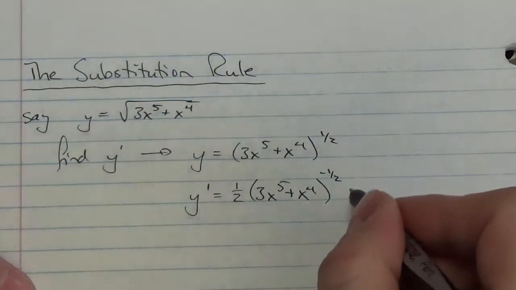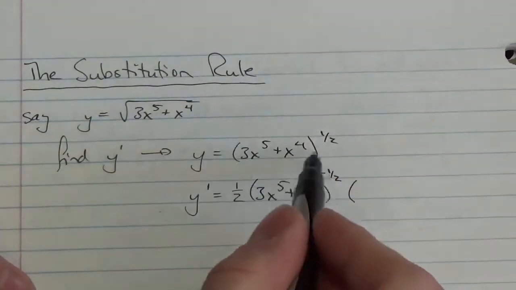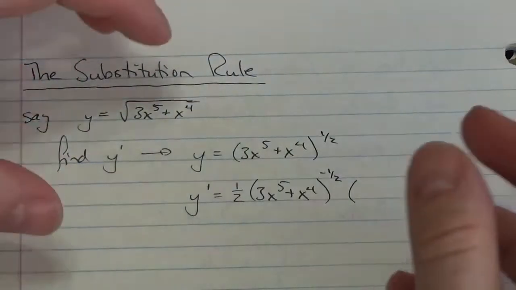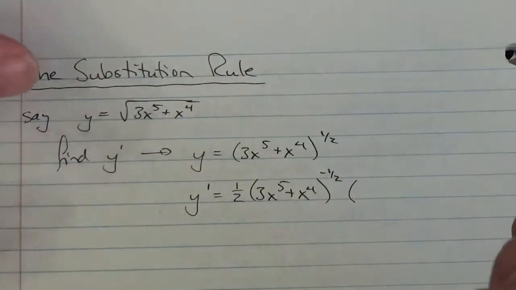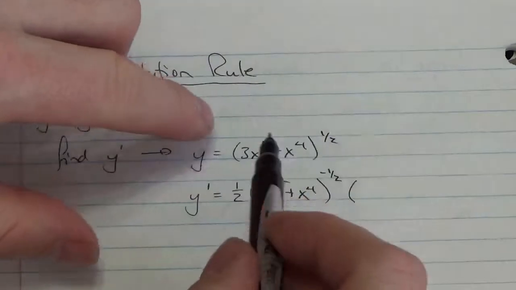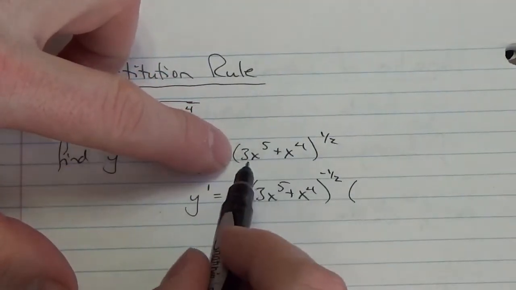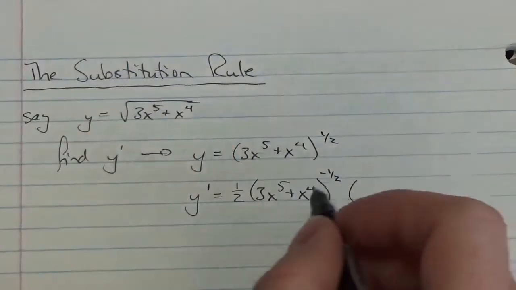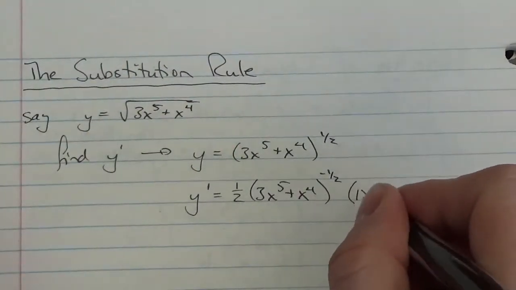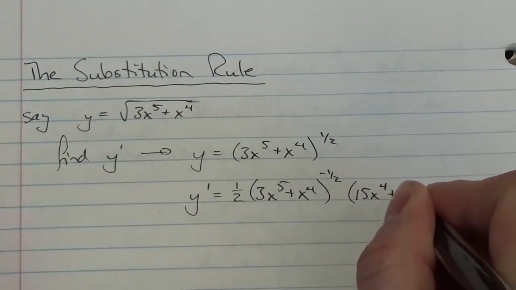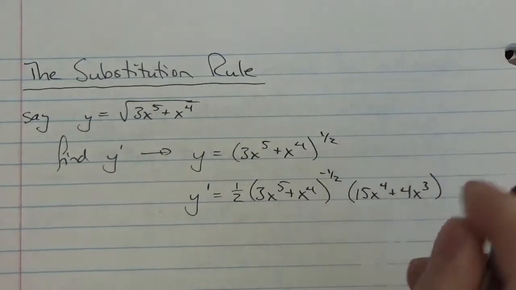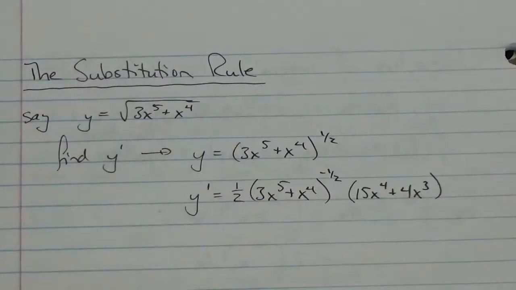And then I'm going to multiply by the derivative of what's in between those parentheses, because really what I've got here is a composition of functions. I've got the square root, and composed within it is this 3x to the fifth plus x to the fourth. And the derivative of that is going to be 15x to the fourth plus 4x cubed. So there's my derivative.